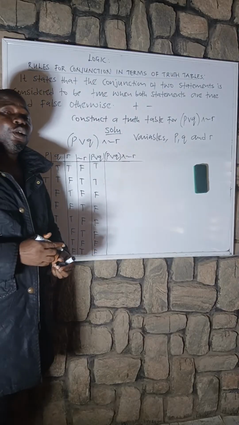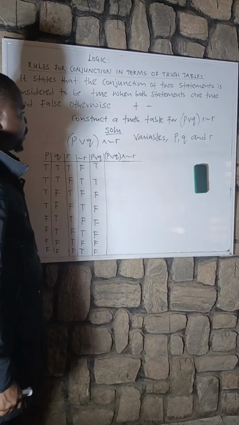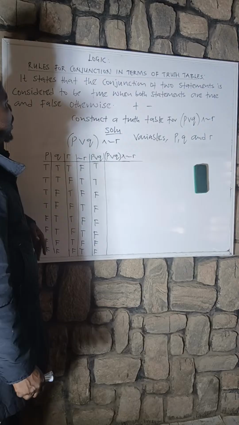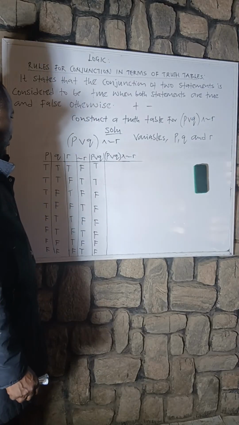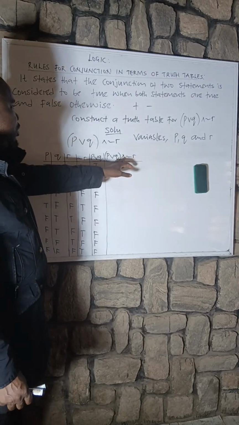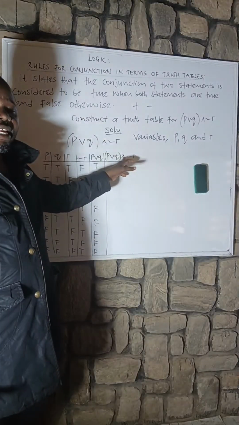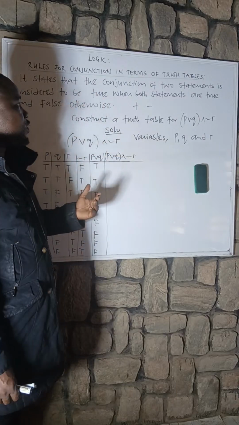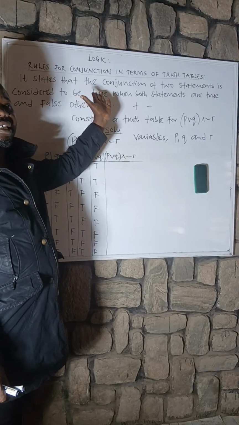So far so good. Let us proceed to look at it together. As you can see, it is simple as ABC. Here is the disjunction. I explained the disjunction earlier on, and I even wrote out the rule. The disjunction rule is the opposite of the conjunction rule.